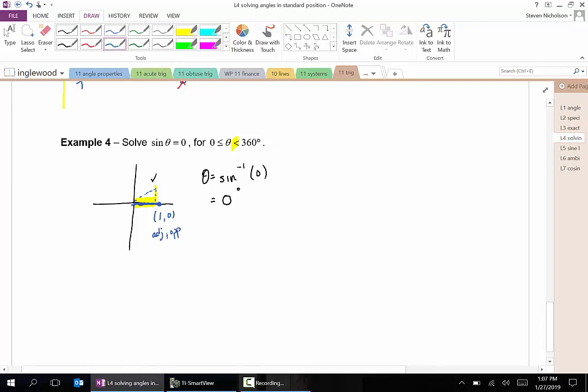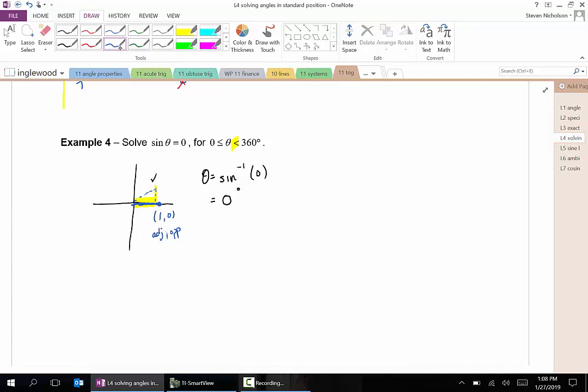So here's why 0 is an answer. When we look at the sine of 0, well, that's the opposite side, which we imagine the vertical to be 0, over the radius, which would be 1, just like we looked at the other day. So in this picture right here, the sine of 0 is 0.